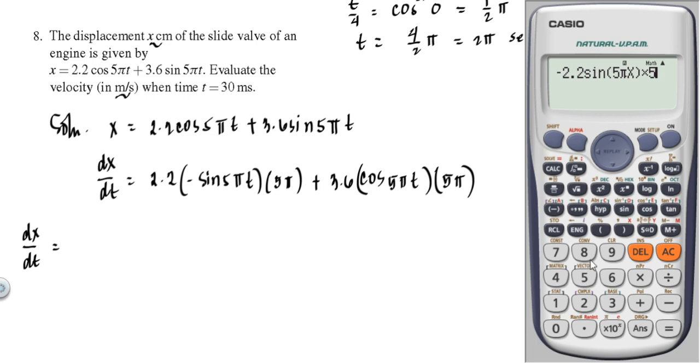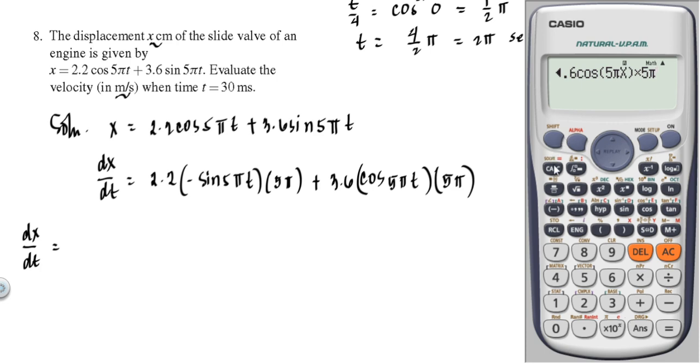Plus 3.6 cosine 5 pi, unknown muna yung x, alpha x, times 5 pi.